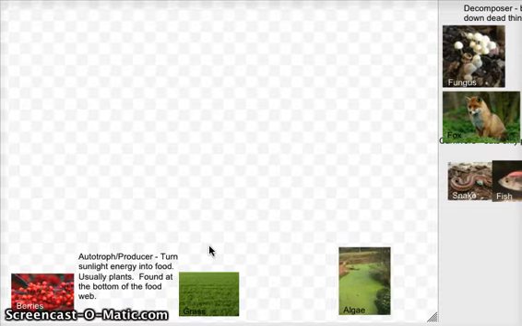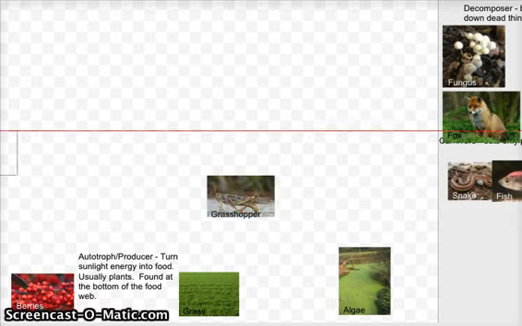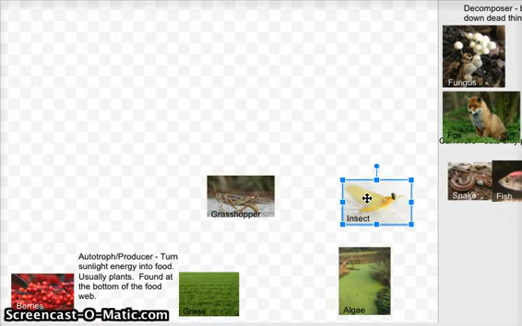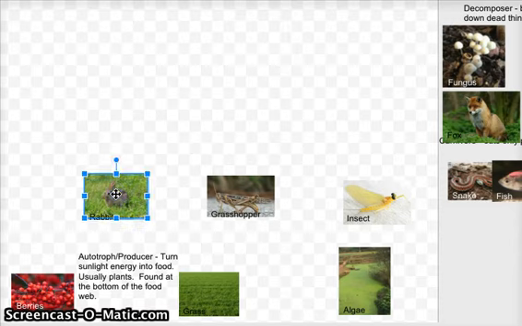The next thing on the food web is our herbivores. Herbivores are things that only eat plants. So there are things like a grasshopper, insect, and a rabbit. These guys are all herbivores.